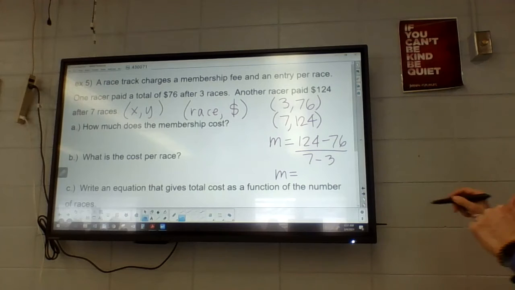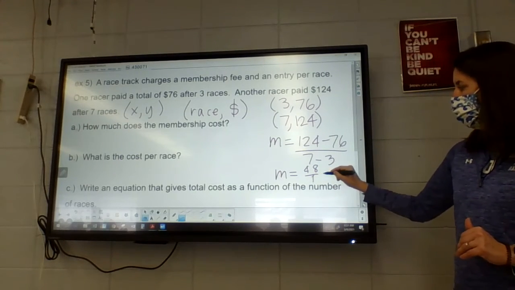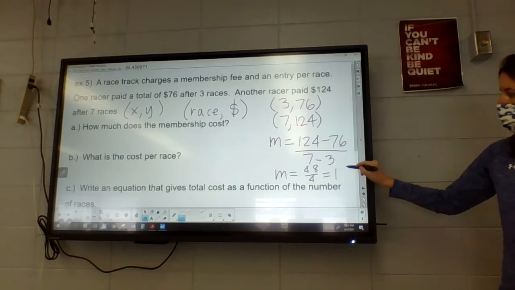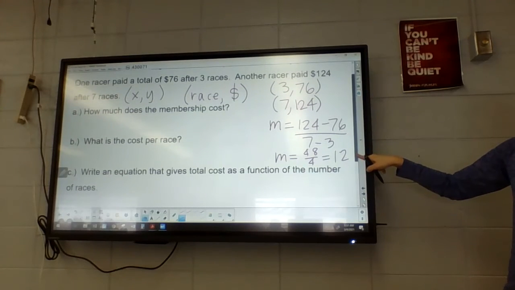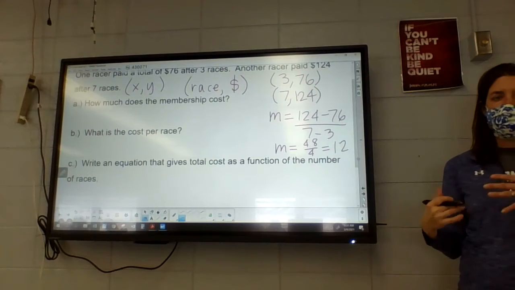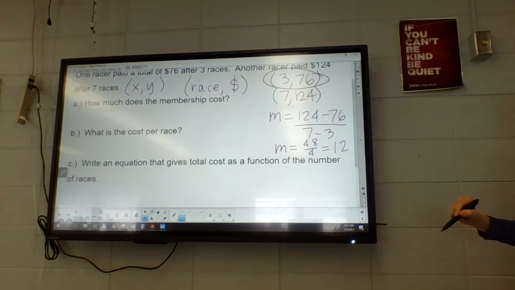So we get 48 over 4. So my slope is 12, and we'll talk about what that means in a second here. So our slope is 12. I'm going to keep working my way through this to find my b, and we'll talk about what each of them mean. I'm going to use this one as my x and y.